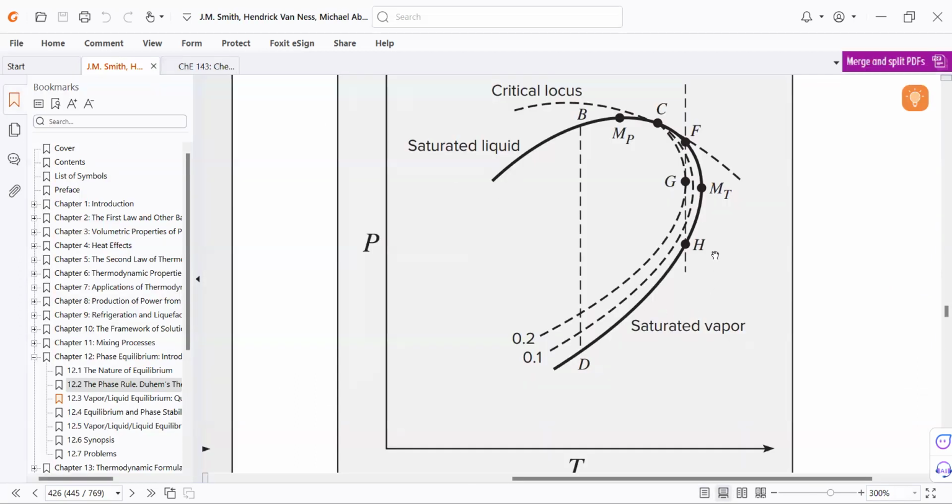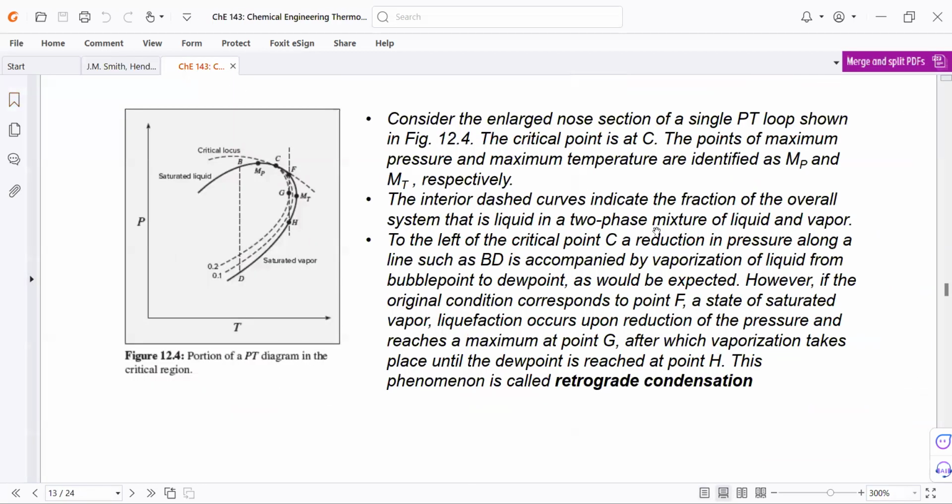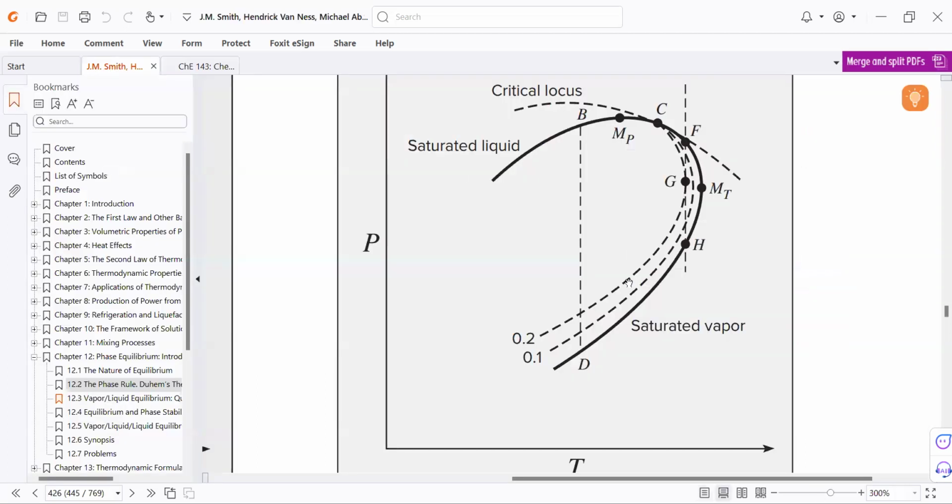So in this specific diagram, it represents the fraction that is liquid in a mixture of liquid and vapor. Point 2 means the liquid part is this first curve right here at point 2. That means the fraction of the liquid is 0.2, and here means the fraction of the liquid is 0.1.